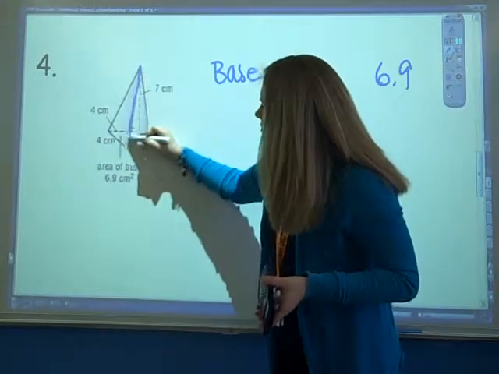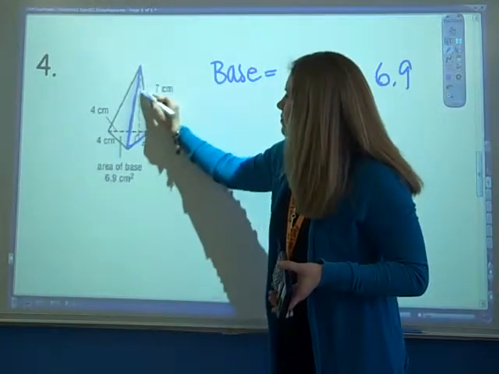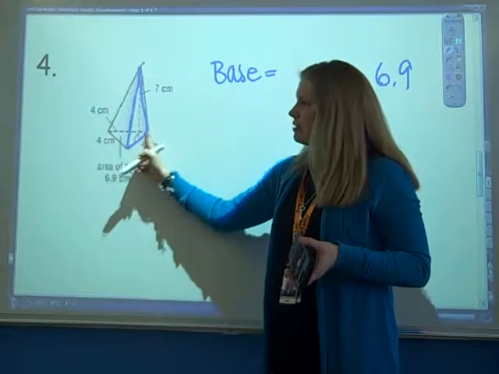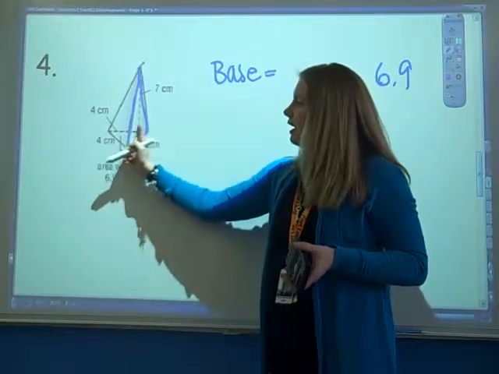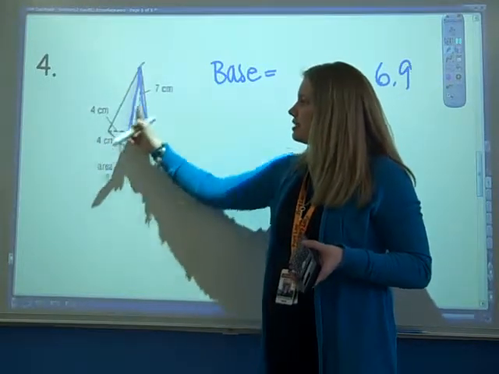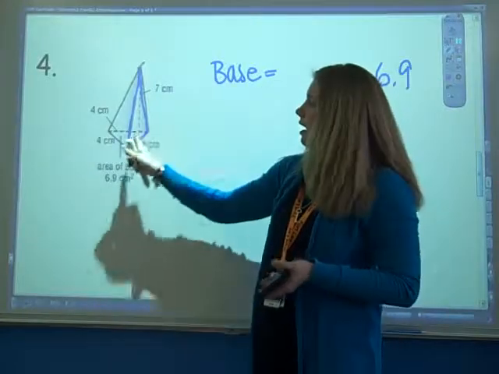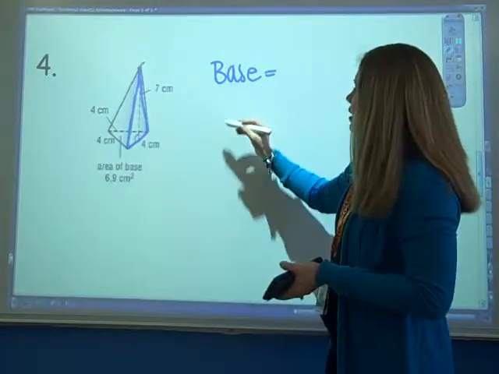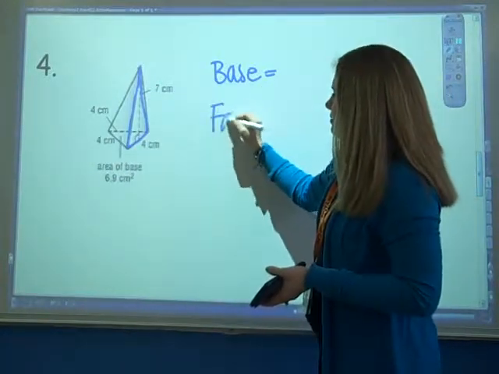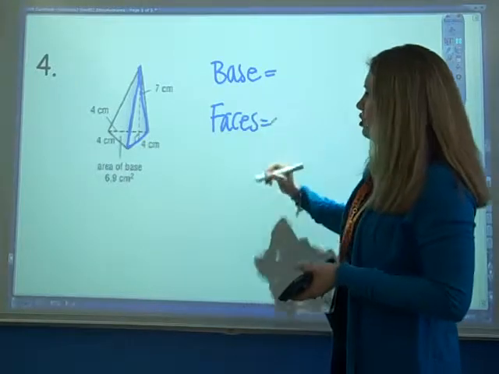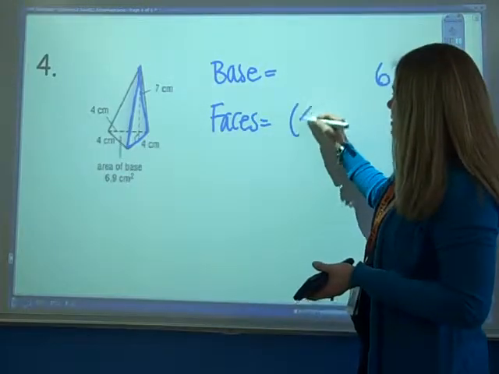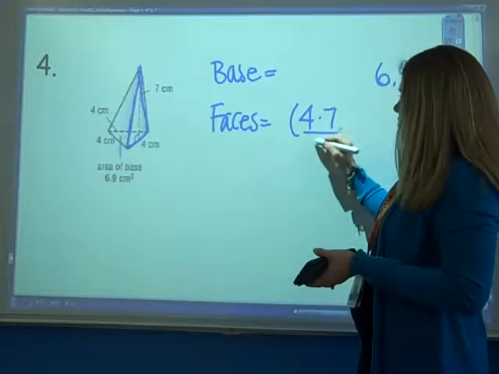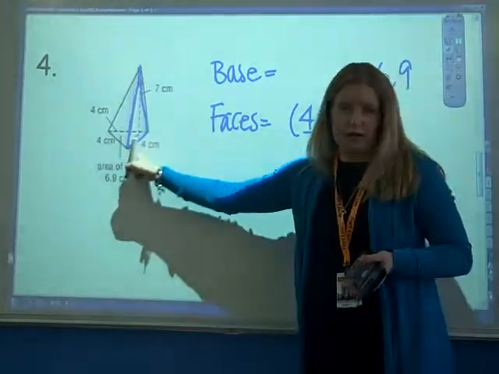Here's a face. They're telling you the base is 4, and the height of that side, just the side, not the height of the shape, is 7. So our faces, which are triangles, you do 4 times 7 divided by 2, because it's a triangle.